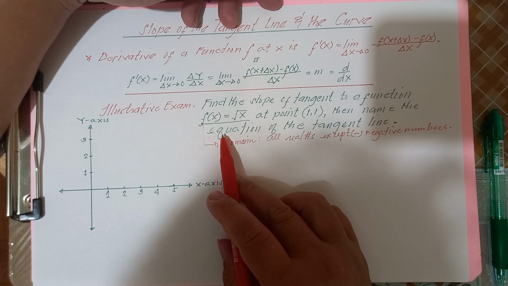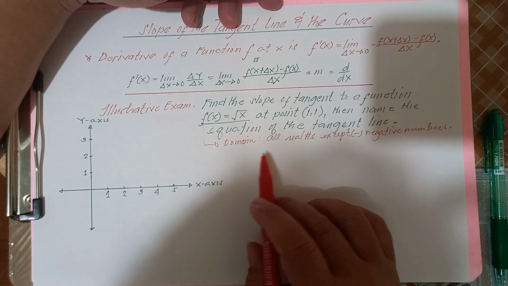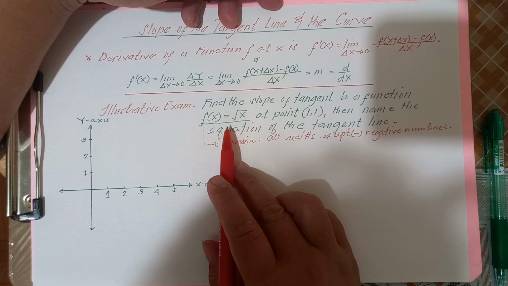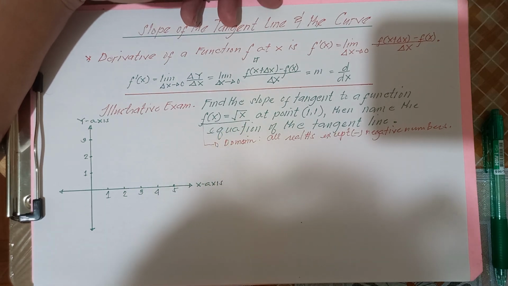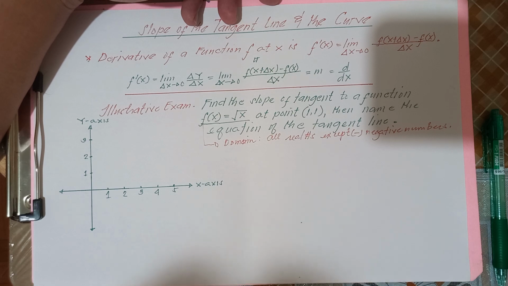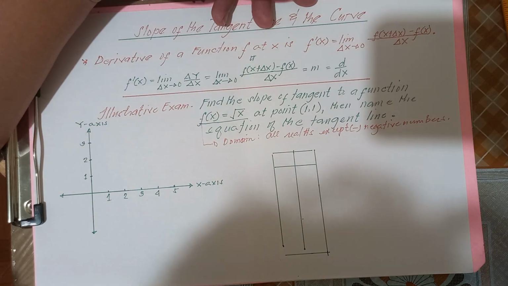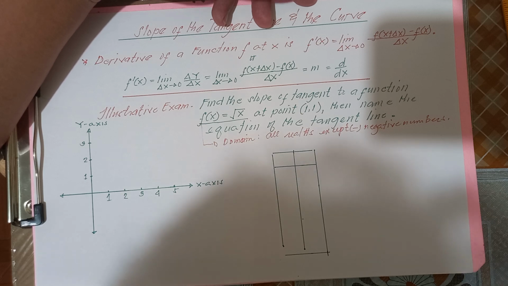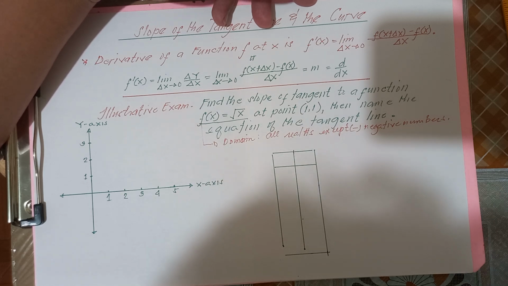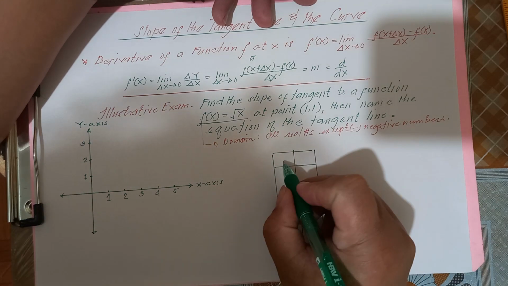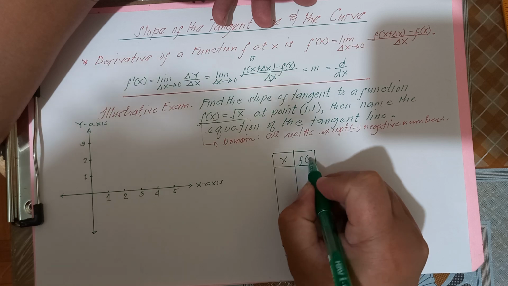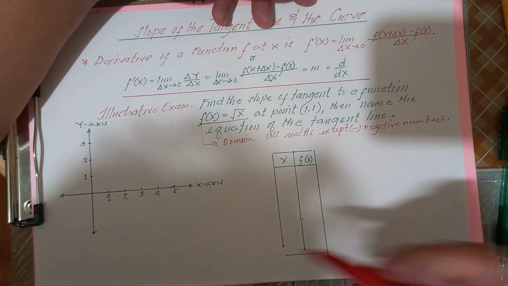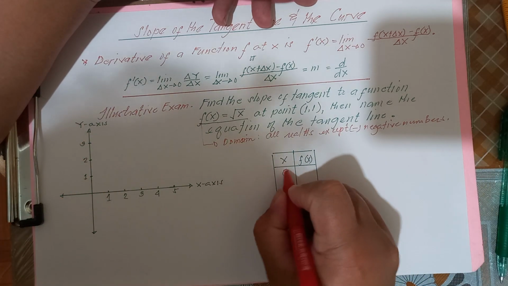After knowing the domain of the function, we can now assume the values of x. If the domain is all real numbers except negative numbers, then I might start my value of x with the number 0.